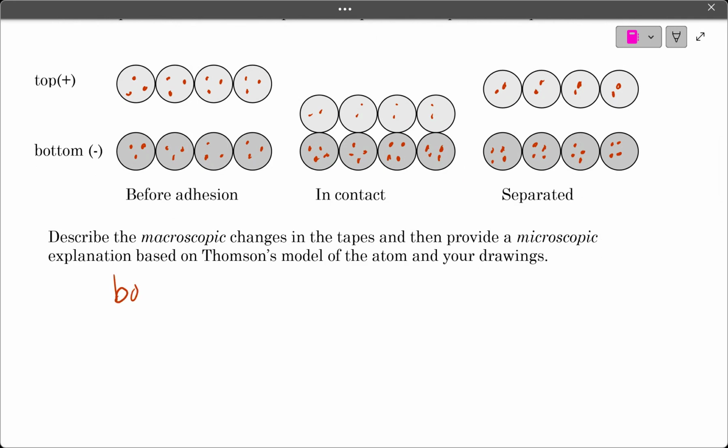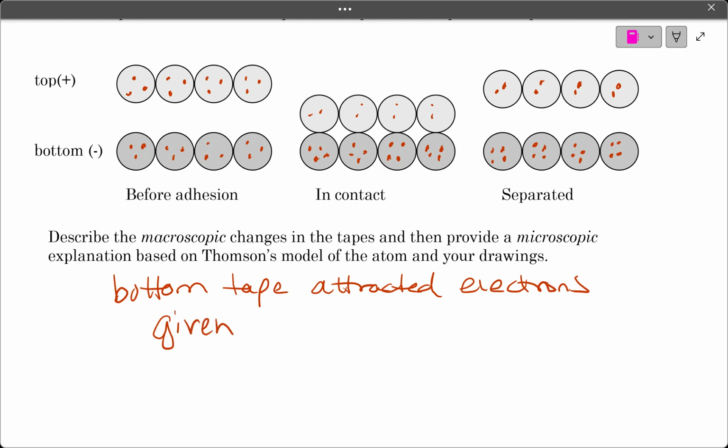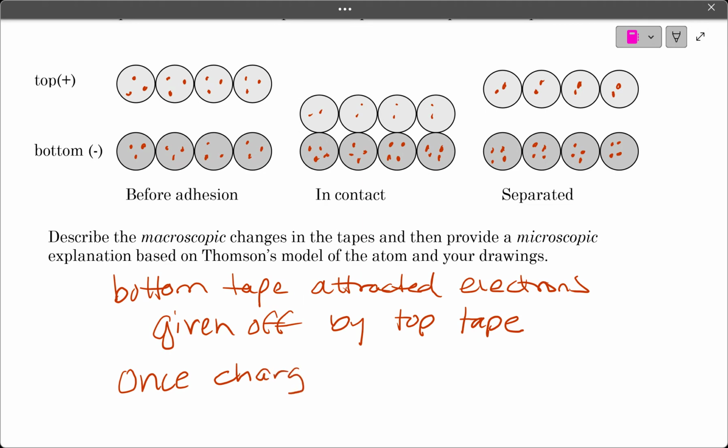So we're going to say the bottom tape attracted electrons, and we'll say given off by the top tape. Now, when they had a charge, then they were attracted to each other. Once charged, the top tape and bottom tape attracted to each other.